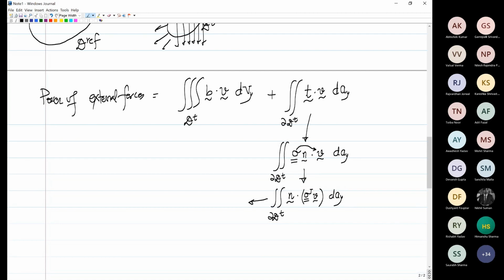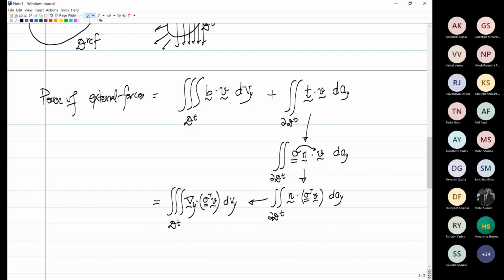So V dot n dA is simply divergence of that vector, right? So we get volume integral now, and Eulerian divergence dot sigma transpose V dVy. Okay.